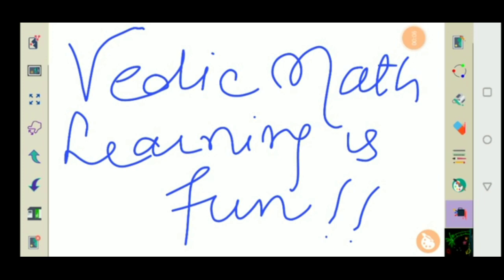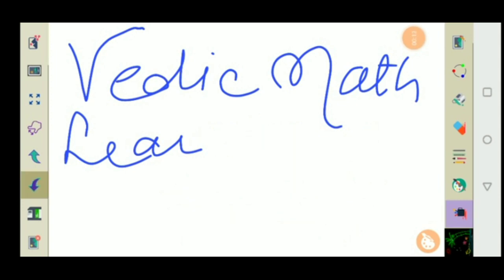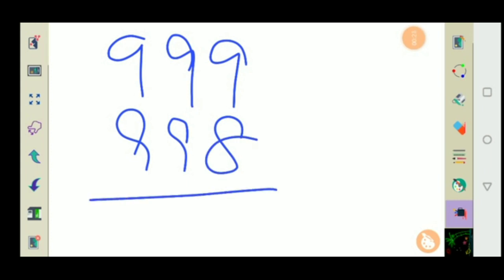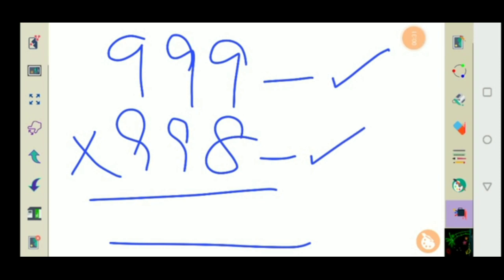You have already seen in the previous two videos that indeed learning is fun with Vedic mathematics. Within a few seconds I'll be revising that we have done this method when we want to multiply any 2 digit, 3 digit, 4 digit or 5 digit numbers with the method of using complements, when we are taking numbers near the base like 10, 100, 1000 and so on.